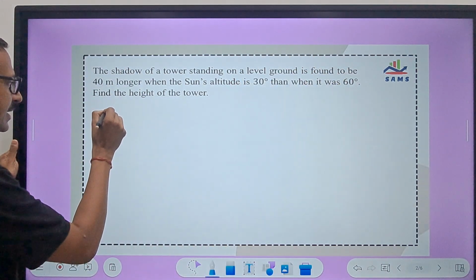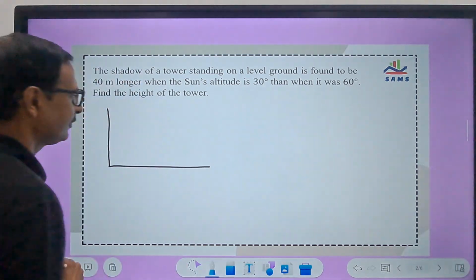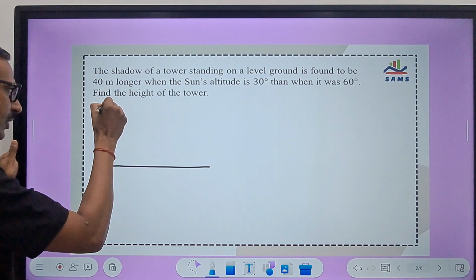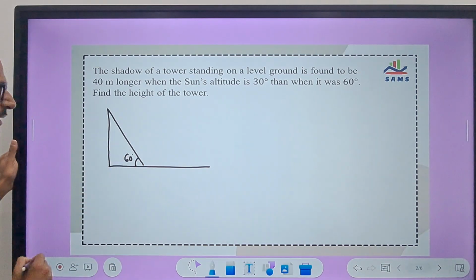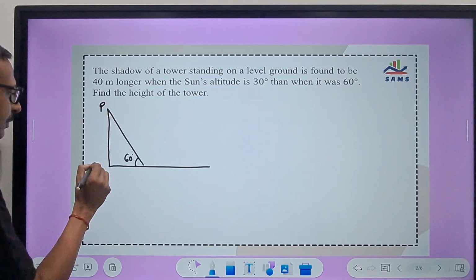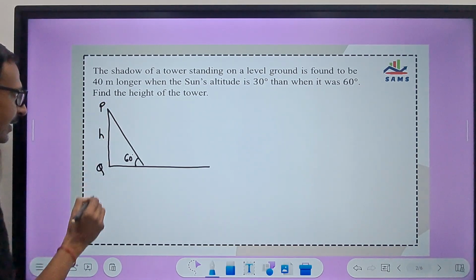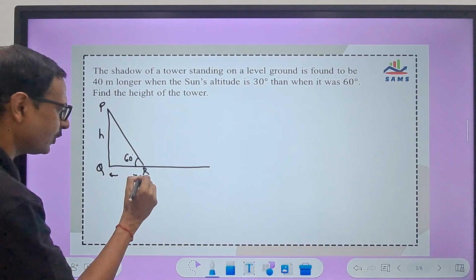So suppose this is the tower, vertical tower, and this is the level ground. So when the sun's altitude is 60 degree, so this angle is 60 degree, then the shadow is, say, if PQ is the tower of height h, then QR is the length of the shadow.